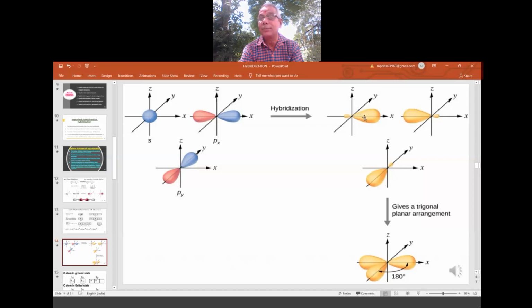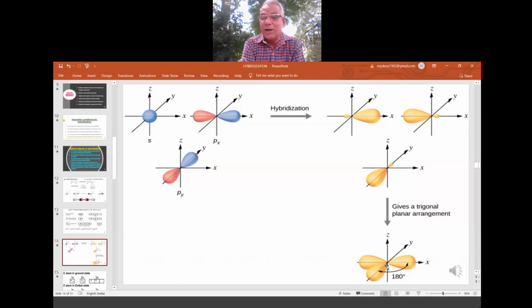The number of atomic orbitals ready for hybridization is 3, and the number of orbitals formed after the hybridization is 3, equal, maintained. Now all these three mix, and this is the form. This is called sp2 hybrid atomic orbitals of boron.